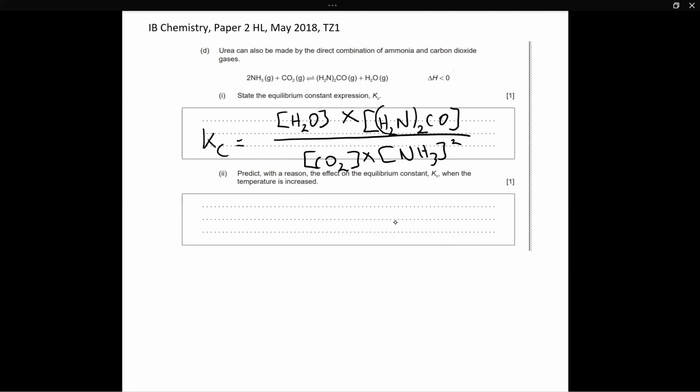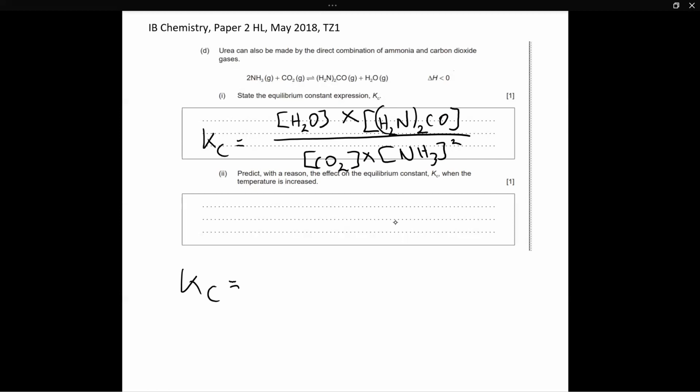Kc, as I said, calculates the equilibrium constant using the concentrations in the reaction, and of course it also takes into account the ratios, like I mentioned earlier, whether you have to square or cube it.